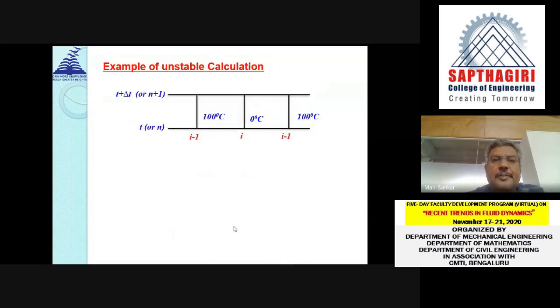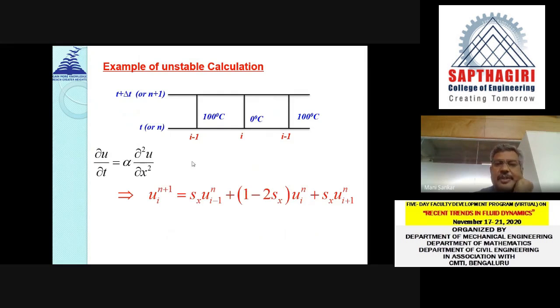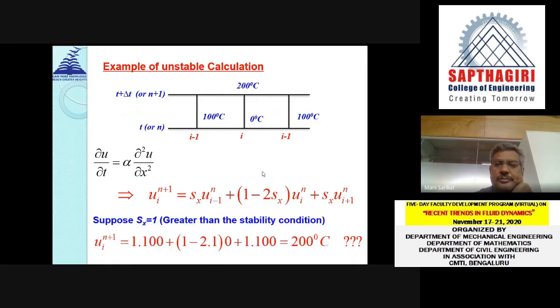I'm just giving an example of an unstable calculation. See here, at the nth time level, the temperature is 100 degree, 0 degree, 100 degree, and I want to find the solution at the next time level, that is n plus 1. Purposefully, I'm violating the stability condition, and we'll see what happens. I'm choosing Sx equal to 1, whereas by the law it should be less than or equal to 0.5. When I choose Sx equal to 1, I get the temperature in this particular case as 200 degree, which is realistically not correct.